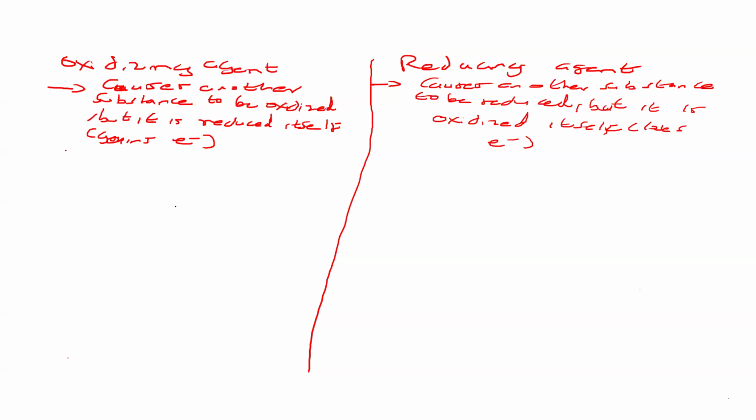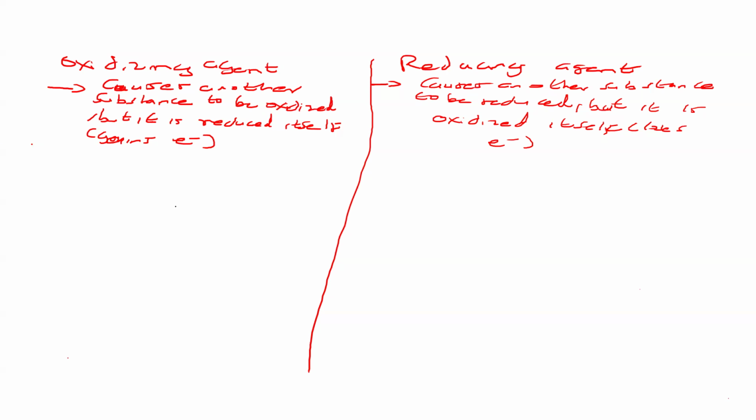That is the trick that I want you to remember. Remember, it's an agent. It facilitates things. When we say you are an agent, it means you are being sent. So a reducing agent is sent to reduce others, while itself it gets oxidized. Then an oxidizing agent is sent to oxidize others, but it gets reduced itself.